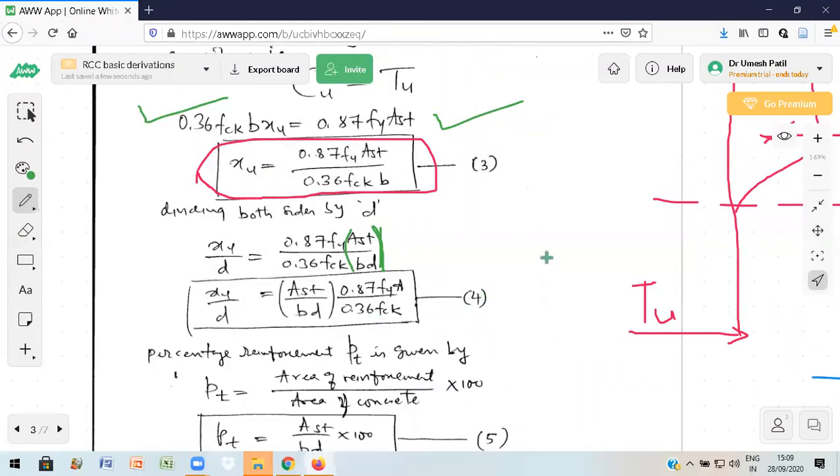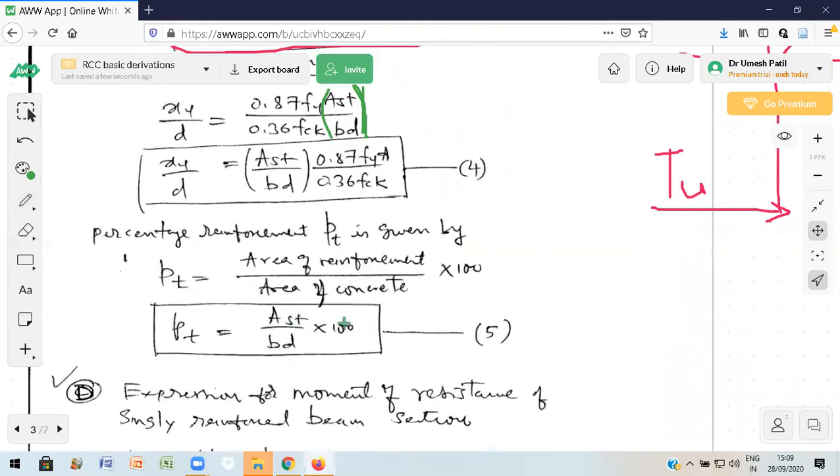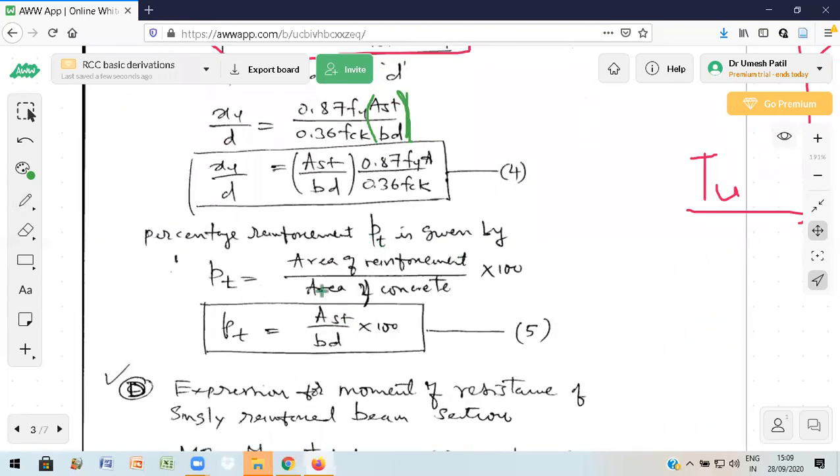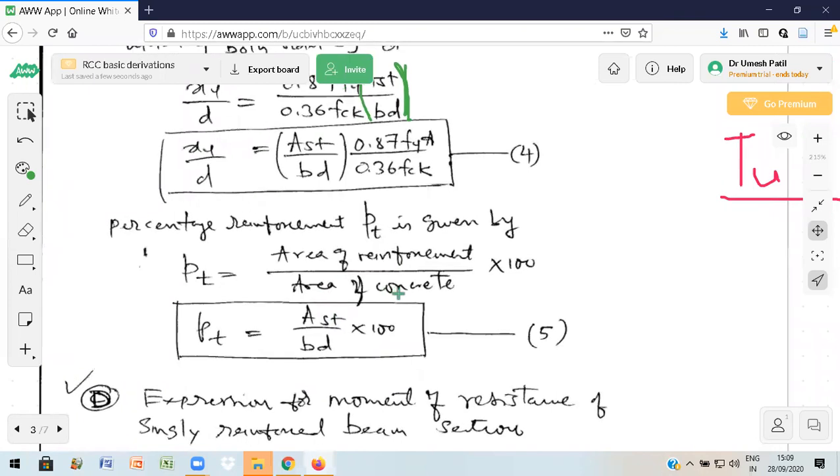Now what I will do is I'll define one more term. Percentage of reinforcement is given by area of steel rods divided by area of concrete. Actually, it is not area of concrete, it is area of cross section.